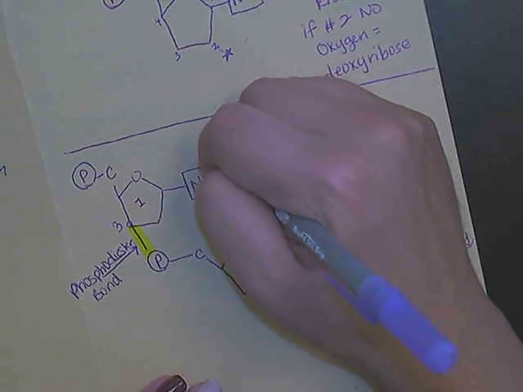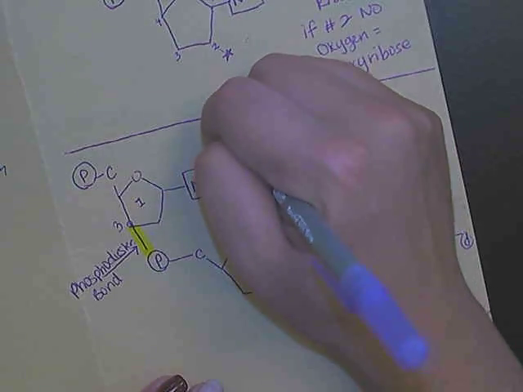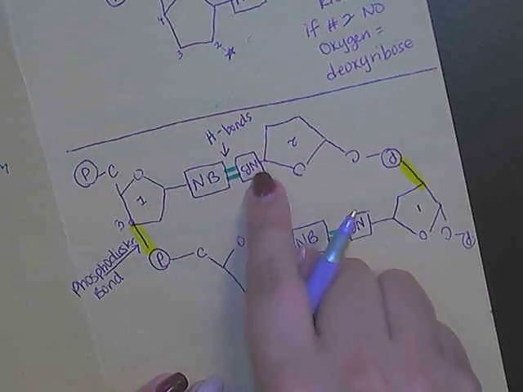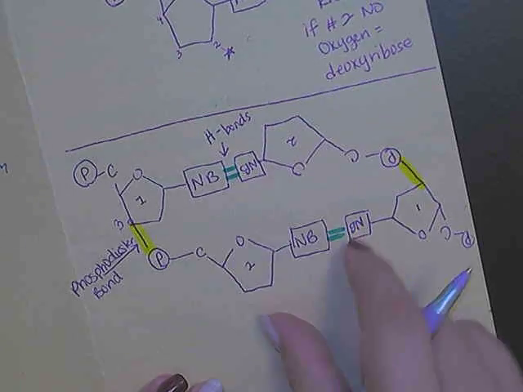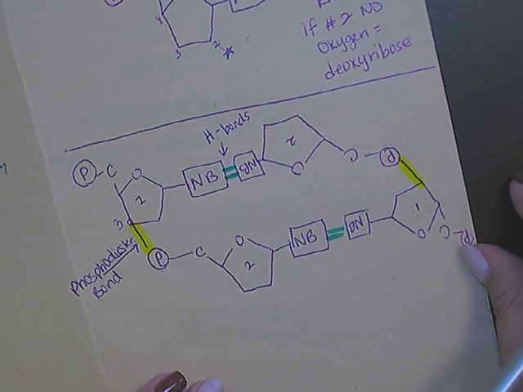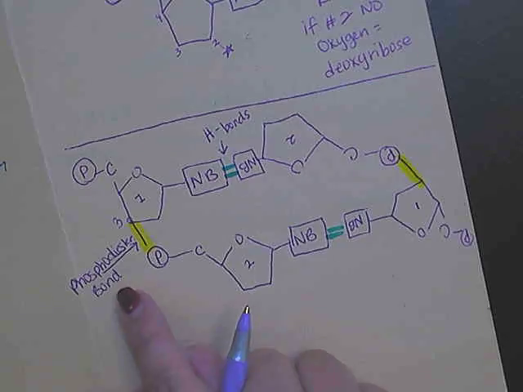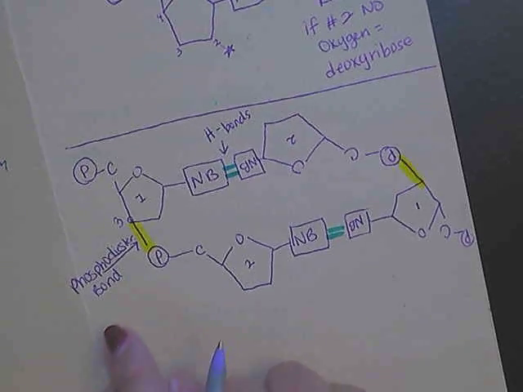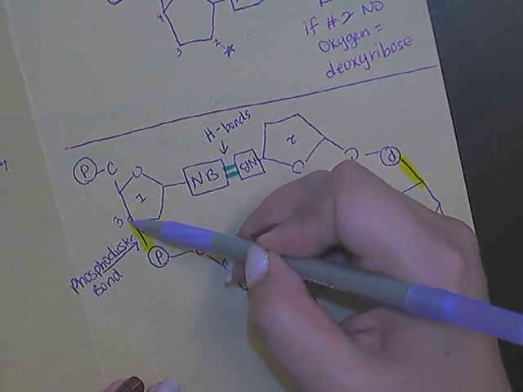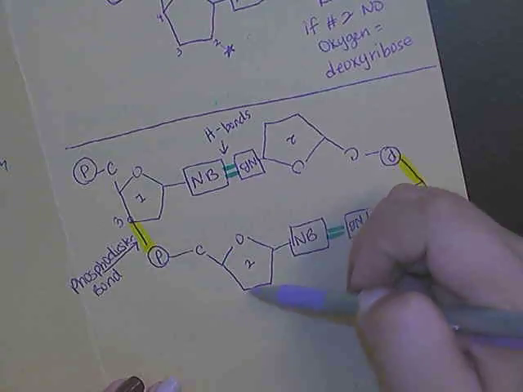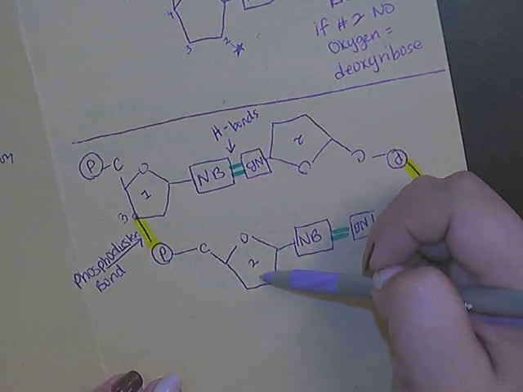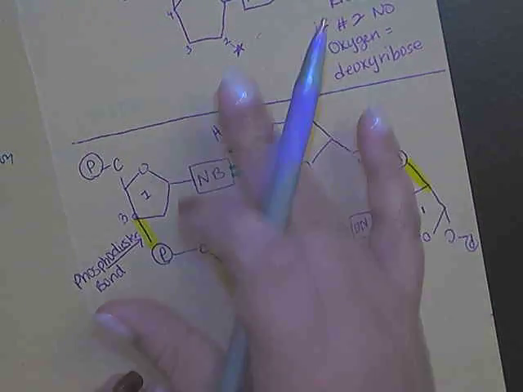So these are hydrogen bonds between the nitrogenous bases of the two anti-parallel strands. My phosphodiester bonds are between carbon number 3 and the phosphate group of a second nucleotide. They always get these two confused.